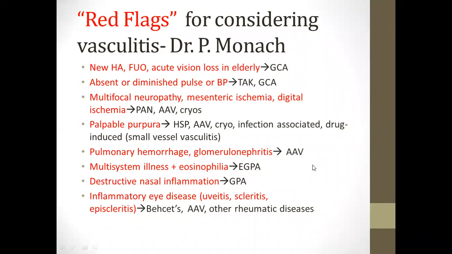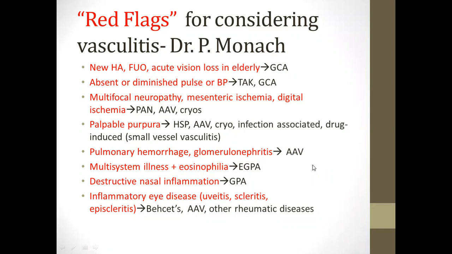Pulmonary hemorrhage, glomerulonephritis, you're going to be thinking about ANCA-associated vasculitides. A multi-system illness with eosinophilia, you're going to be thinking about EGPA. Destructive nasal inflammation, you think about Wegener's, GPA.